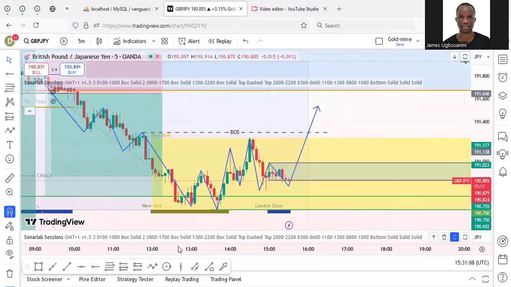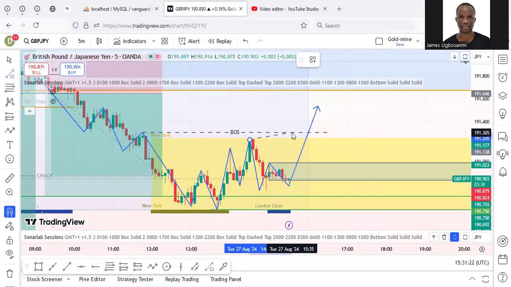Now on the 5 minutes time frame, something else has formed, let's say, a small high here. I think these are equal highs. So we'll also be waiting for the 15 minutes.